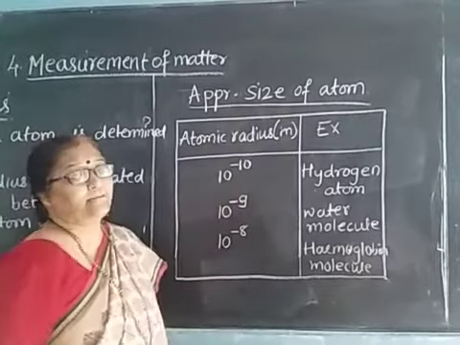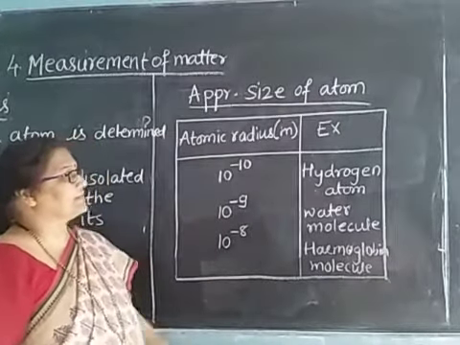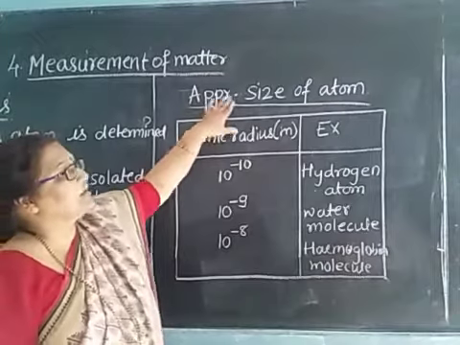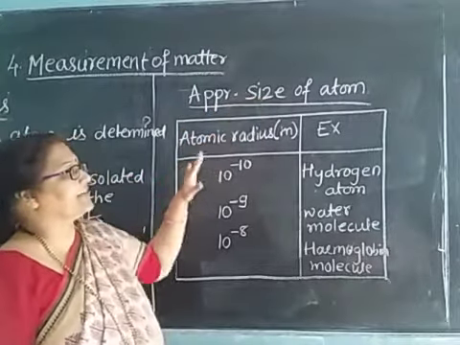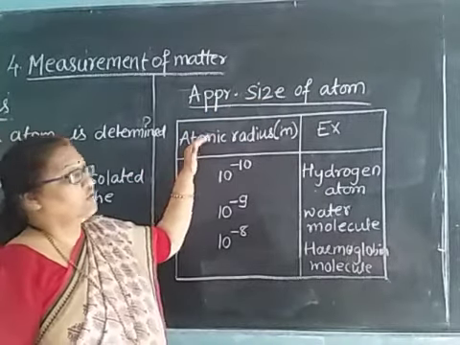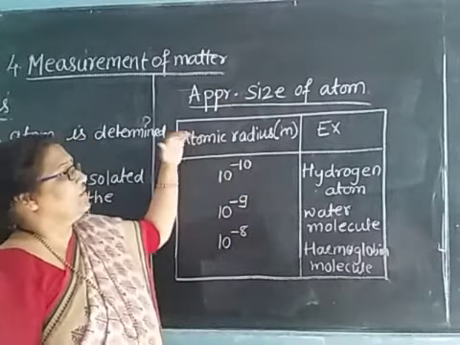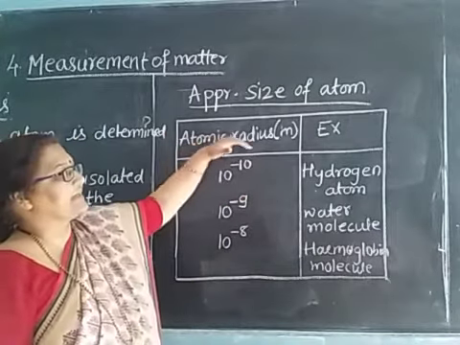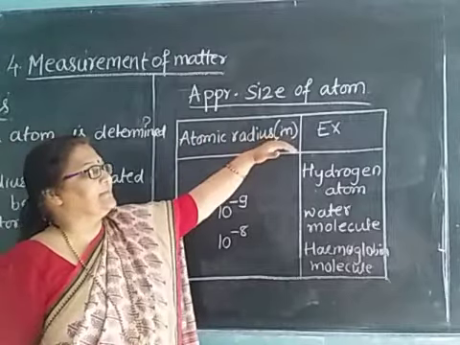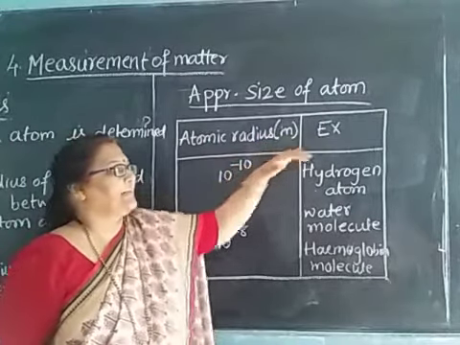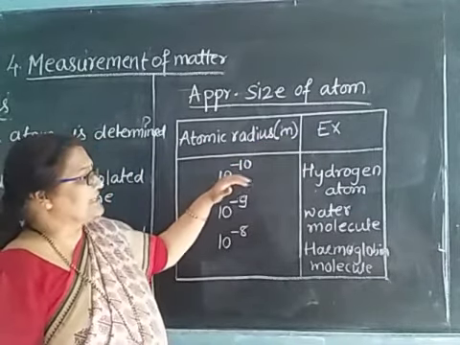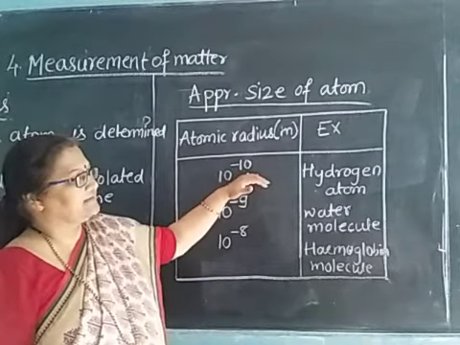Here are some approximate sizes of the atoms. We have made two columns here. One is the atomic radius, which we are expressing in meters, and the other is examples.